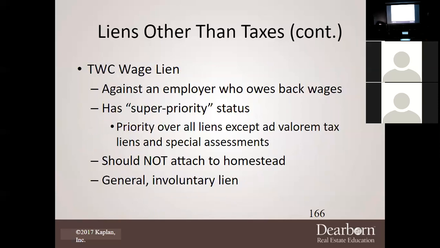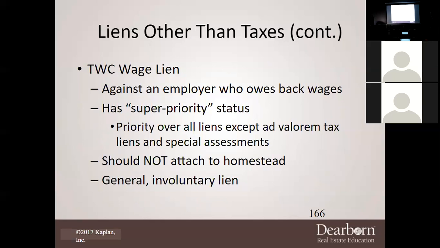A TWC, Texas Workforce Commission lien, can be against an employer who owes back wages. Not the employee, but the employer. It has super priority status, meaning that its priority is above all liens except ad valorem tax liens and special assessments.